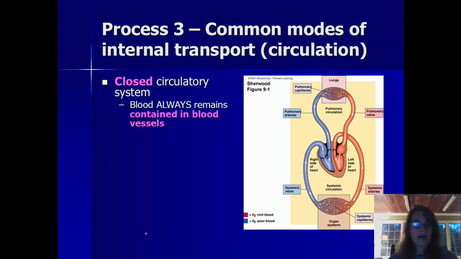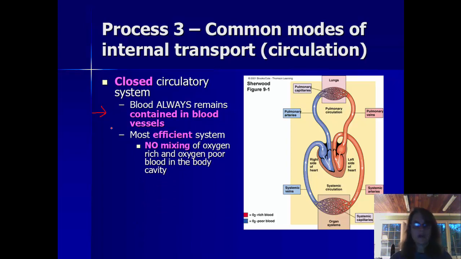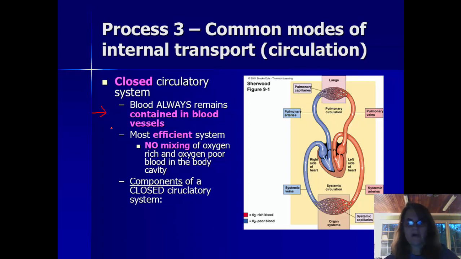Which is a system that, of course, has a heart and blood, but this time the blood vessels are complete. The blood is always contained in blood vessels. The blood never leaves the blood vessels. This is the most efficient system because there is no mixing, at least in the most sophisticated animals. There is never any mixing of oxygen-rich and oxygen-poor blood in the body cavity, at least in mammals and birds. And it has a very directed flow.